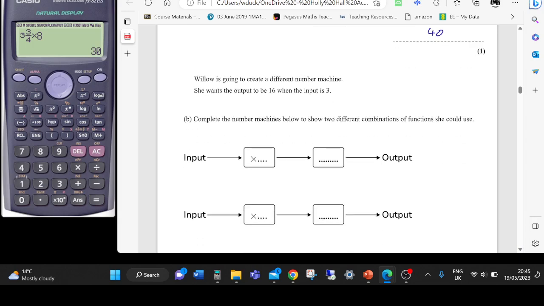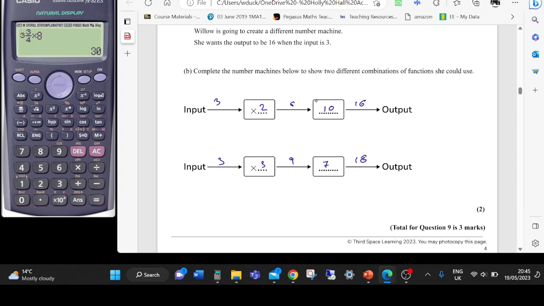Okay, so we want 3 to be our input for both, and we want 16 to be our output. So obviously not the only options, but we could have had times by 2 would give us 6 here, and then plus 10 would give us 16, or we could have times by 3, which would give us 9 here, and then 9 plus 7 would give us 16. And I'll put in another one: we could have had times by 4, that would give us 12, and then we would need to plus 4.